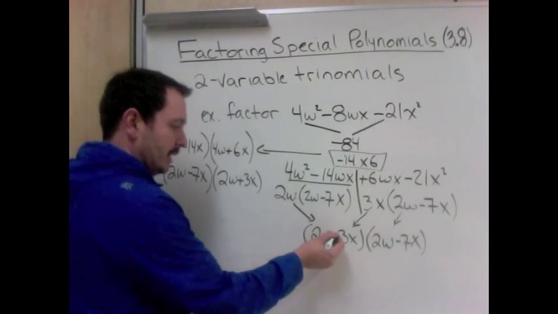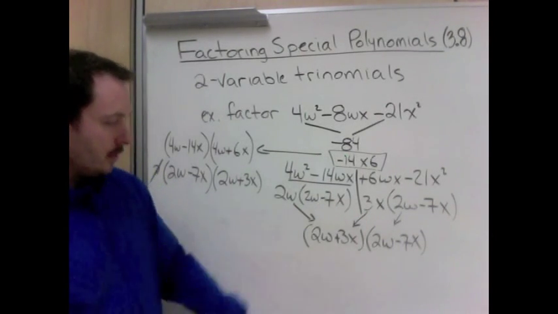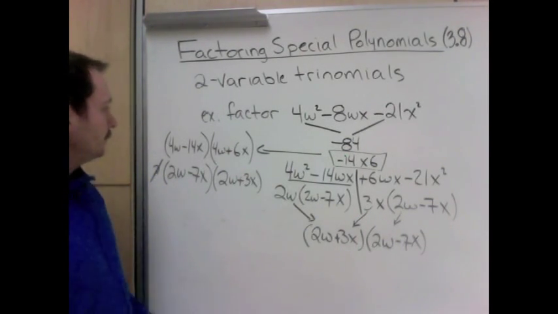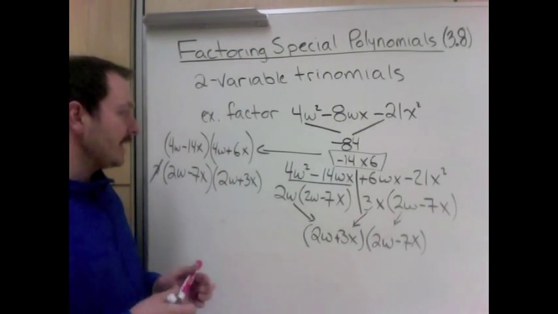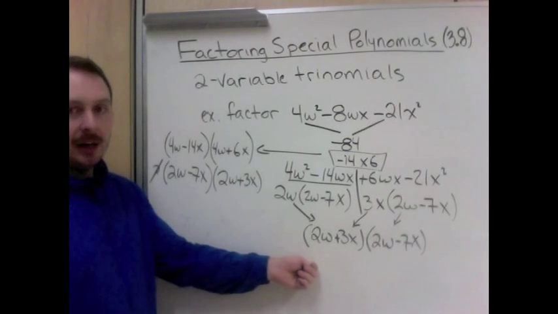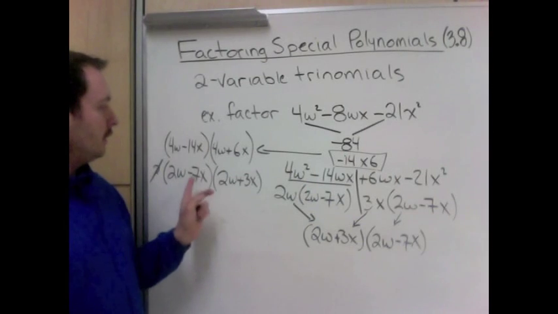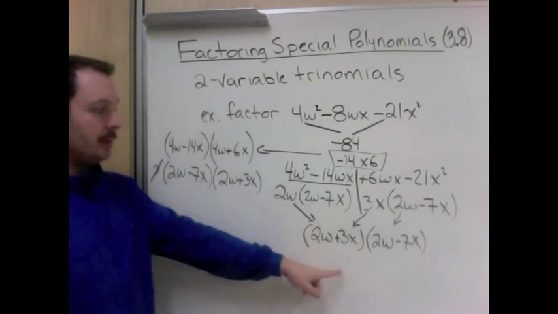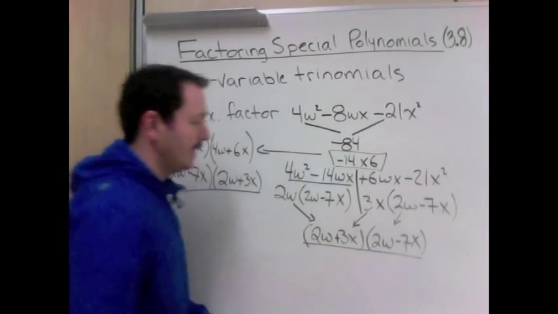I had made a mistake in my earlier problem. So 2w, notice that's a positive, so it was a plus 3x. There's another good example of why you should go through your work twice on a test, because it's very easy to make an error. If I checked it, I would have caught it. Doing this extra method, I was able to check my work again. And you can see I have the same answer now.